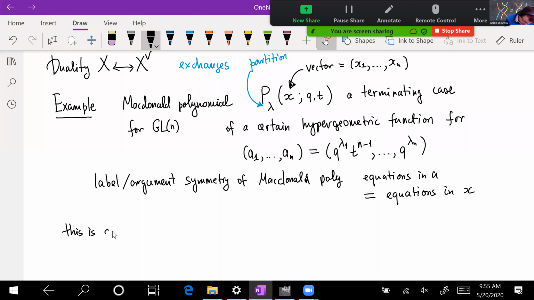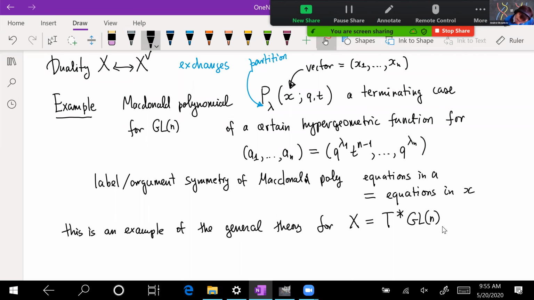And so this is an example of the general theorem for X being the cotangent bundle of GLN mod its Borel. In GLN Macdonald polynomials, the difference equations come from the Cherednik algebra, and the Cherednik algebra has a symmetry.